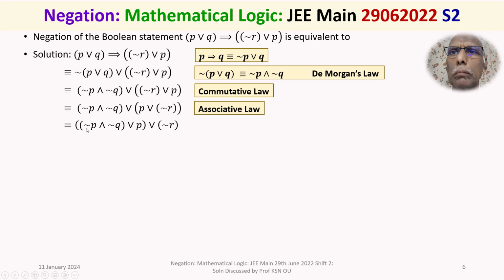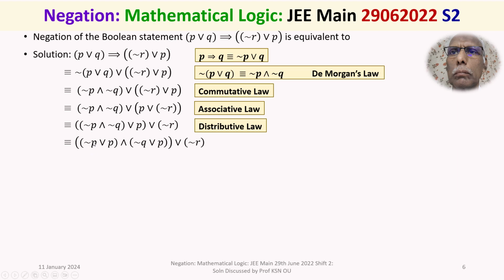So applying the distributive law, we get negation of P or P, and negation of Q or P. We distribute like this, and the second one is as it is.